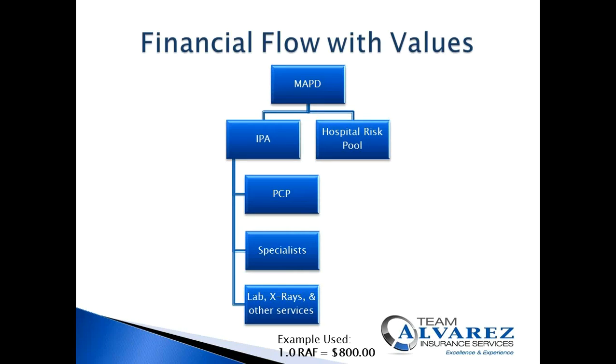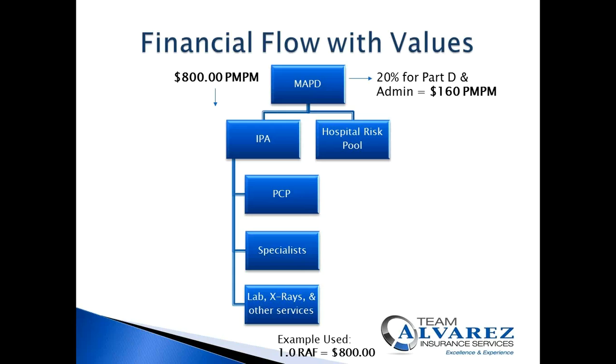So in this case, the MAPD plan is receiving $800 for this member per month based on a 1.0 RAF score. They allocate 20% of that for their Part D payments, as well as for administrative fees and costs, which equates to about $160 per member per month.